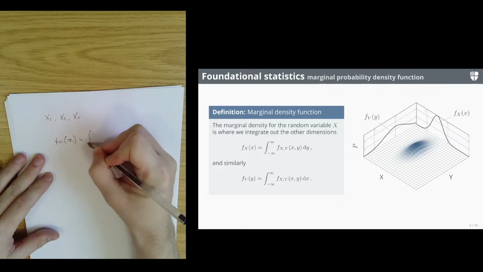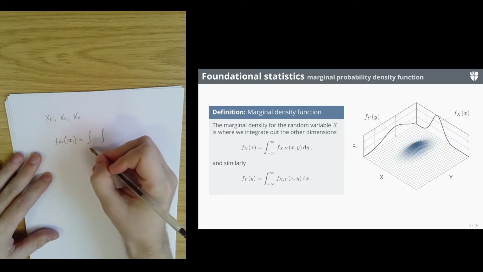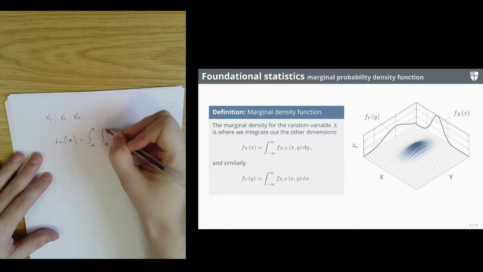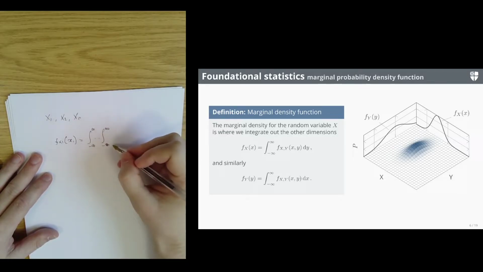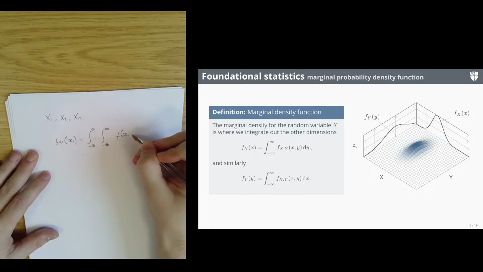Then you have to integrate over the whole of the space for all of the dimensions, from negative infinity to infinity. Sorry, that's meant to be an infinity. And you have to do this for all of the random variables, x1 all the way up to xn.